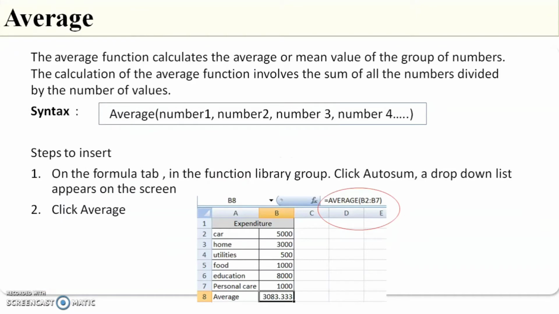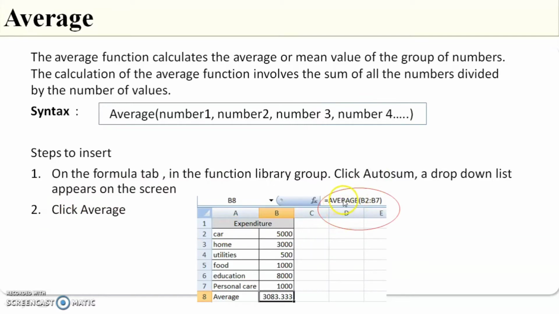In the same way, we can find the average. As you all know, average means the mean value of a group of numbers. Here you can find the average of number 1, number 2, any number of arguments you can provide, or a range of cells. To insert this average, you have to go to the Insert tab and, from the Function Library, or else you can click on AutoSum and then click on Average.